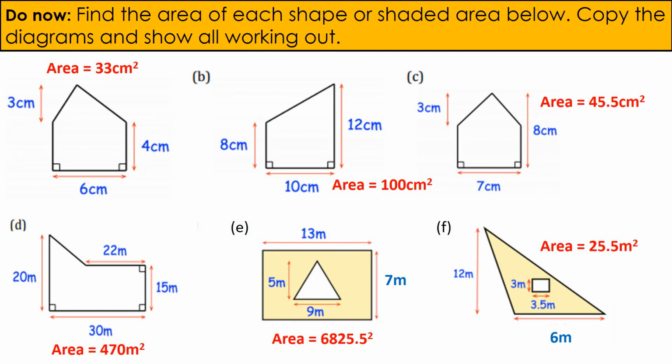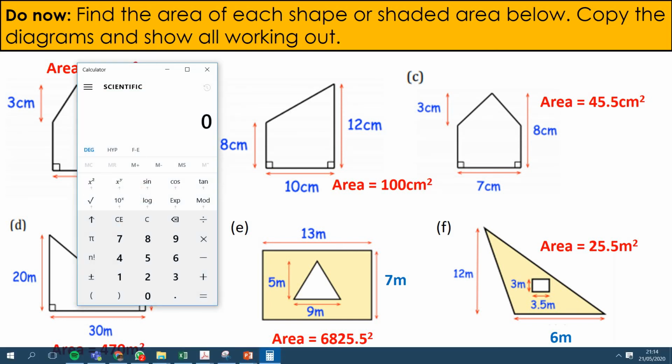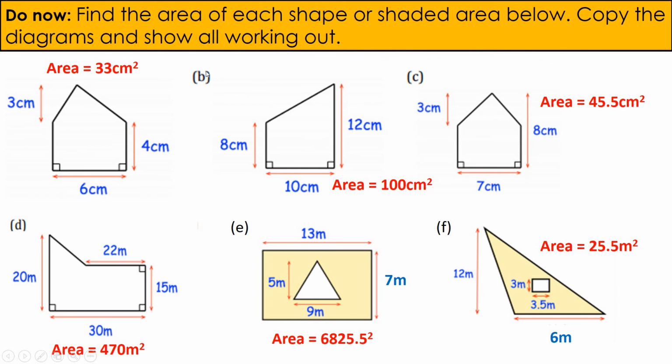It's 91 take away 22.5, and the answer should be in metres squared. So we just get ourselves checking that. We've got 91 take away 22.5, 68.5 metres squared. I'm not quite sure why the units are all over the place there. So E, just to clarify, 68.5 metres squared, but the others, they're correct.